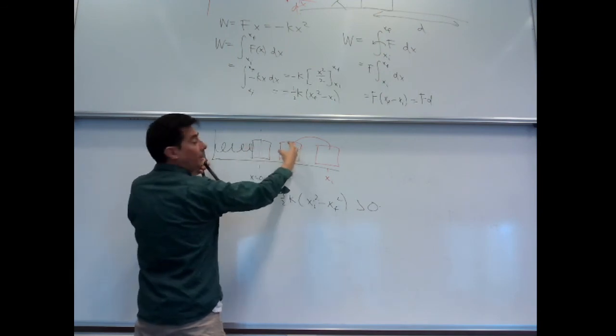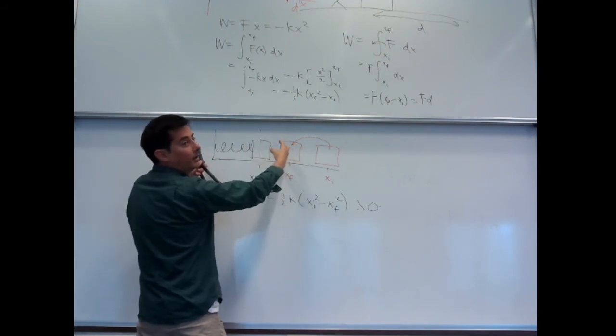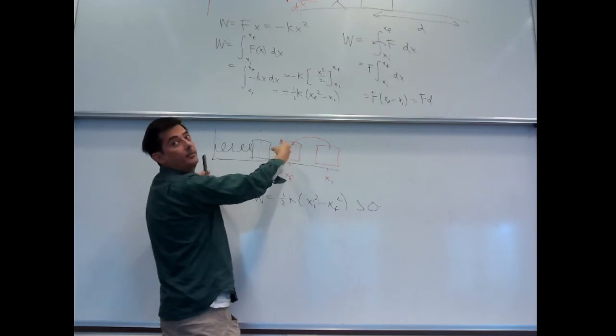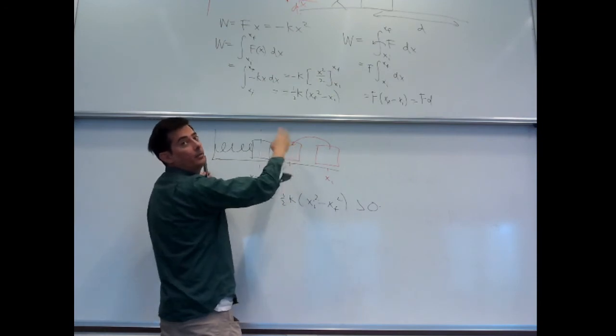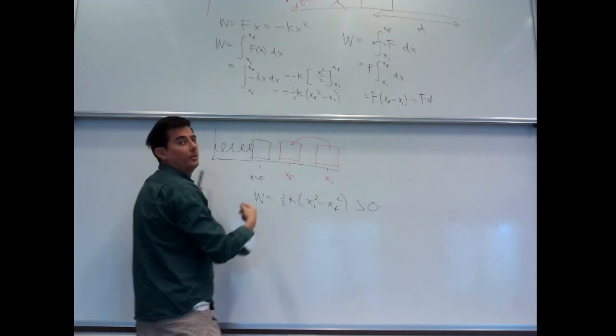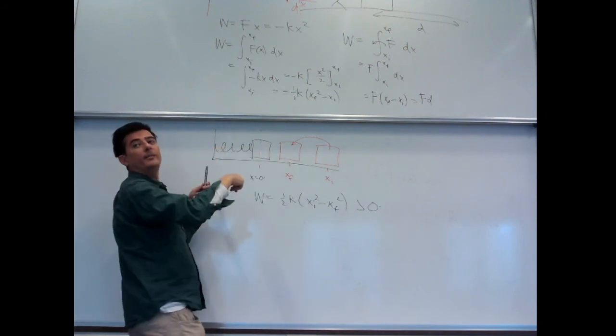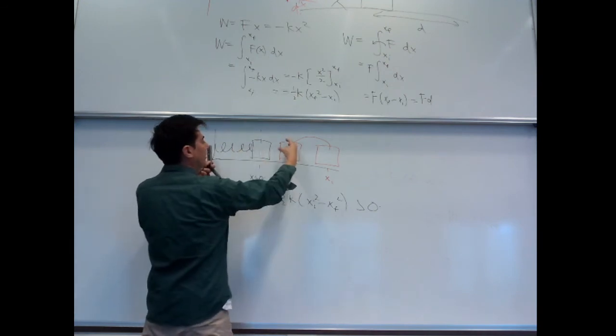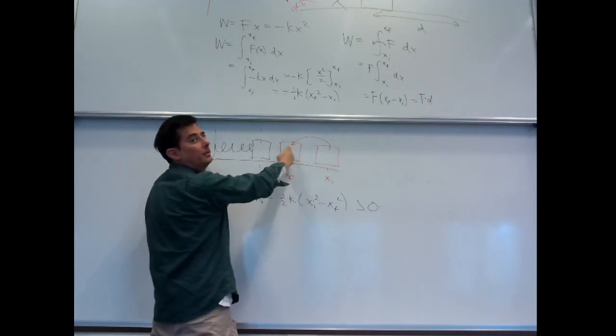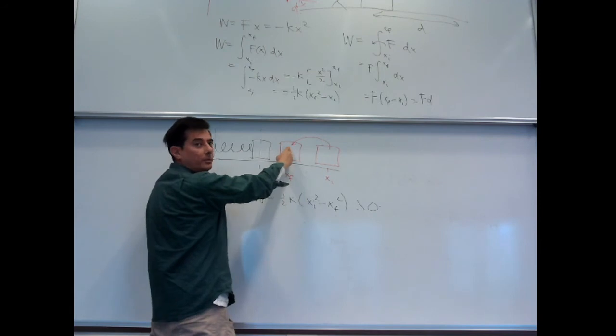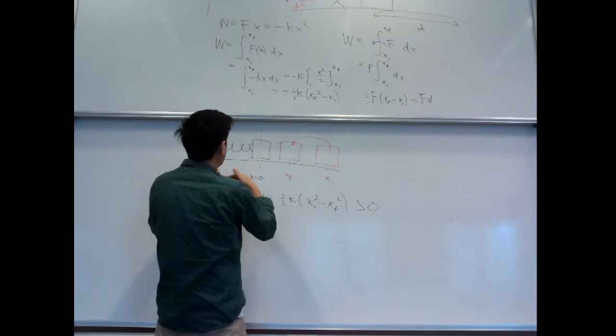To go here, you're actually stretching it. Maybe you're thinking of the force applied by you, but what we're talking about here is the force by the spring. So over here, which way is the spring force? Yeah, left, exactly.